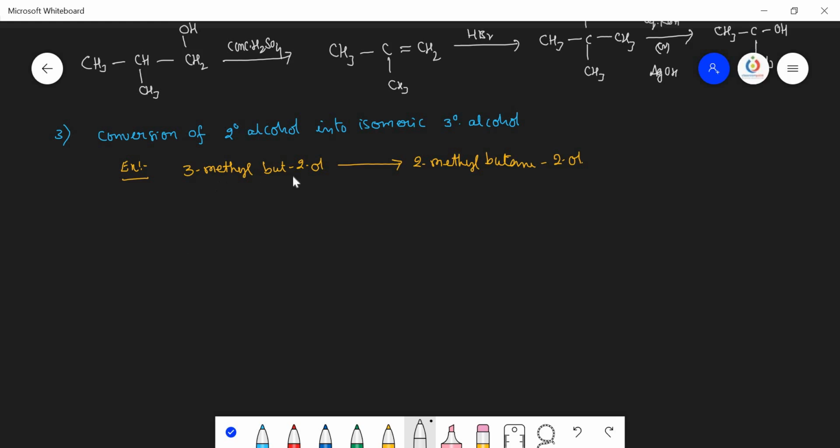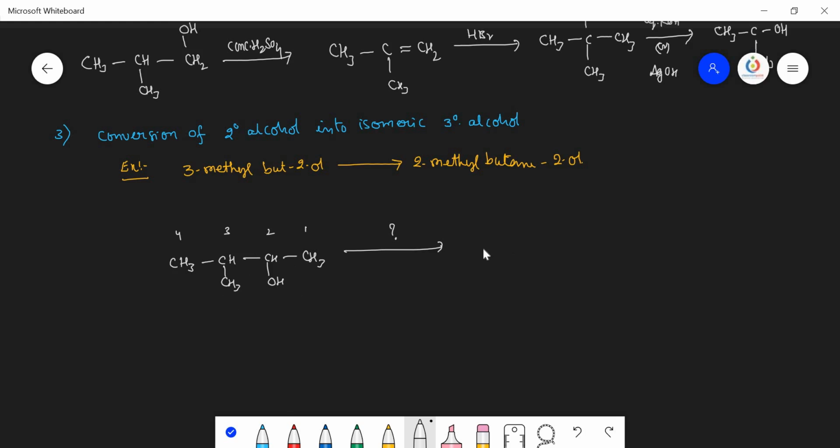Its structure, 3-methylbutan-2-ol. So it must be CH3, CH3, CH, OH, CH3. So 1, 2, 3, 4. Third position methyl group, second position OH group.